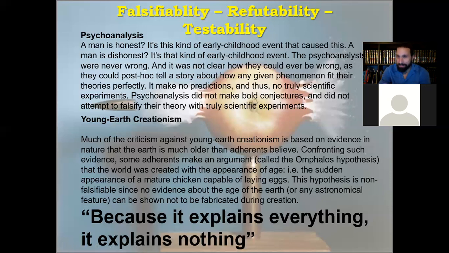So that's very shady. Okay, they are always able to, after the fact, tell a story about how any given phenomenon fits their theory perfectly. And this should start to ring a bell with, let's say, a conspiracy theory. A conspiracy theory always does this. You always sort of rewire it to explain whatever happened, to give your theory actually further evidence.